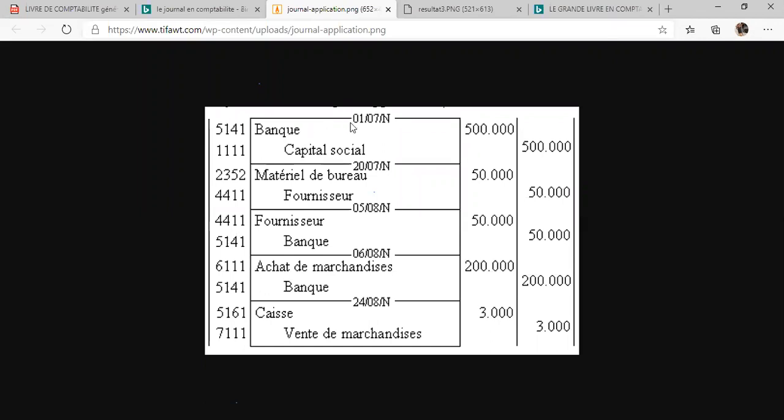With this individual transaction, concerning the 1st of July, we have 5,000 on our left and 5,000 on our right. So we will not find the totals of this 5,000. We just leave them blank. For the next transaction, which is on the 20th, we have 50,000 and 50,000. We'll leave them blank.